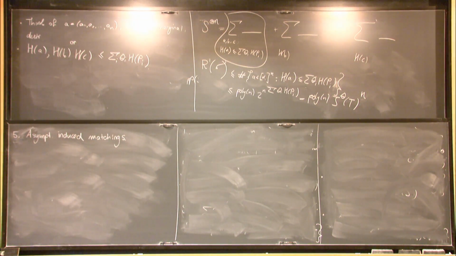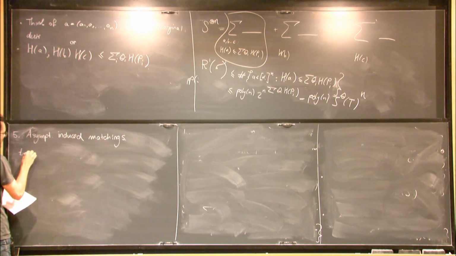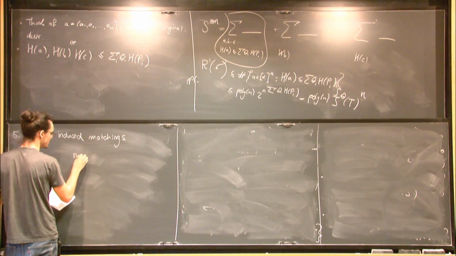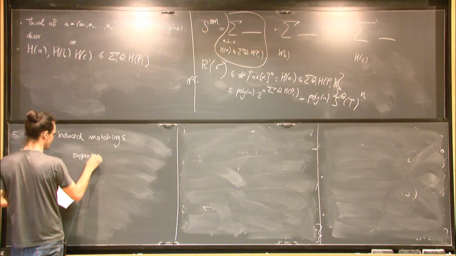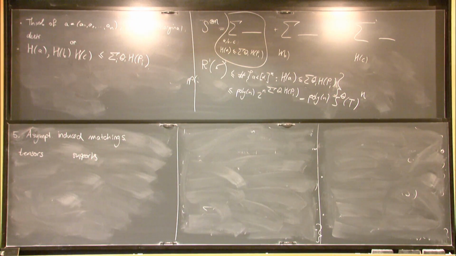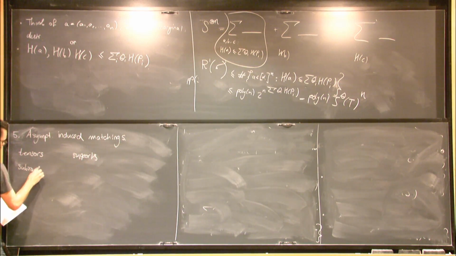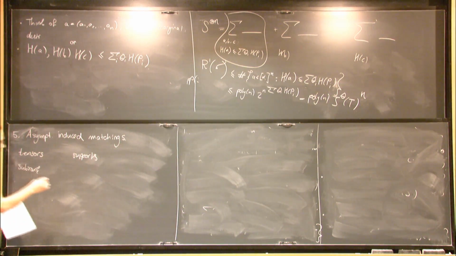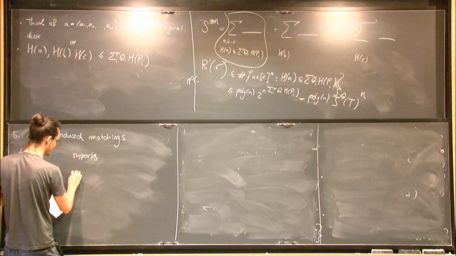All right. So I want to move, we did this before, I want to move from looking at tensors to looking at their supports. And I want to look at the combinatorial notion of subrank for tensors, but then for supports. So that will be the matching number.